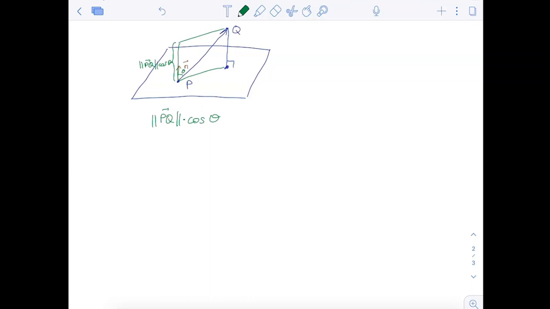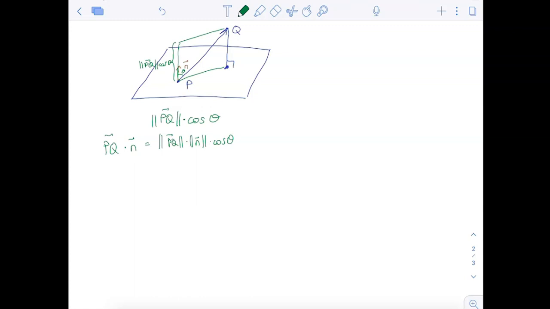What's interesting is I recognize this kind of expression from a formula we've seen recently. We've seen that when we do PQ dot n, it's equal to the norm of PQ times the norm of n times cosine theta.